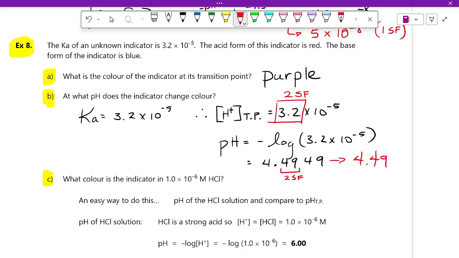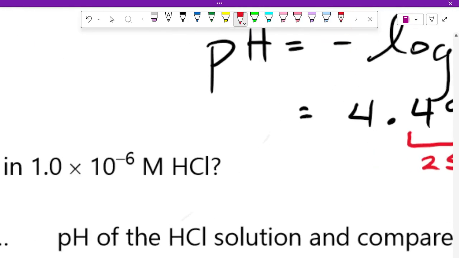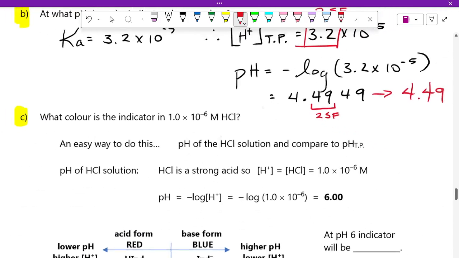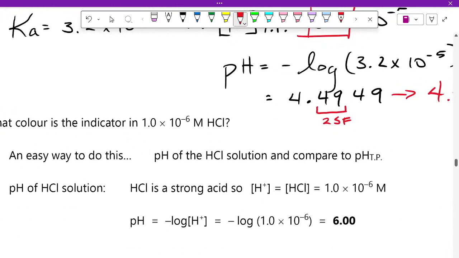And then if we want to know what color the indicator is in a solution of hydrochloric acid, we can say, well, what is the pH of the hydrochloric acid solution? Because HCl is a strong acid, H plus is equal to HCl, which is equal to 1 times 10 to the negative 6.